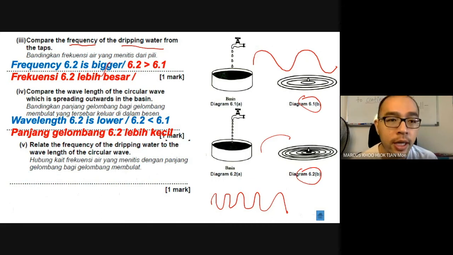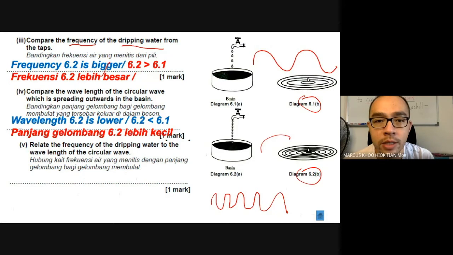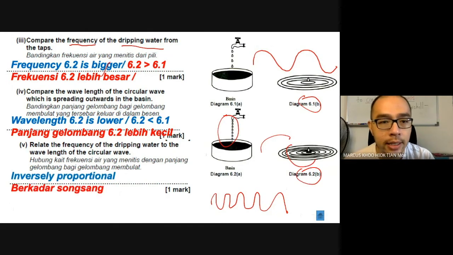Good. All right, relate the frequency of the dripping water to the wavelength of the circular wave. Can I have Ethan for this? The higher the frequency of the dripping water, the shorter the wavelength. Good.